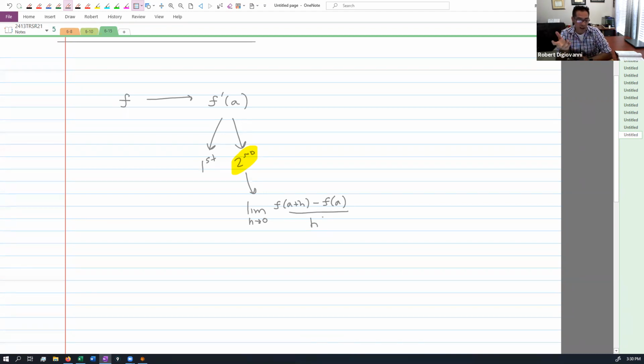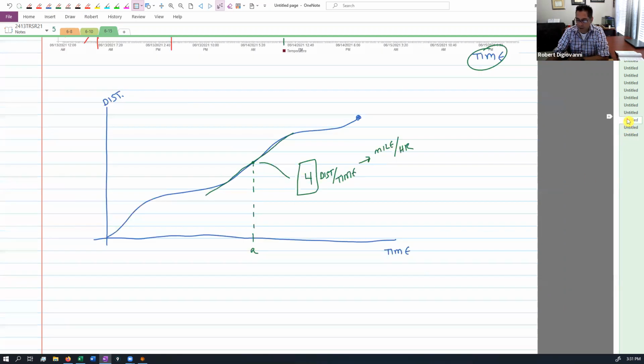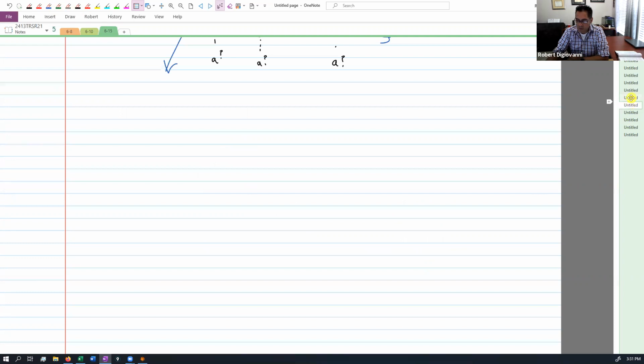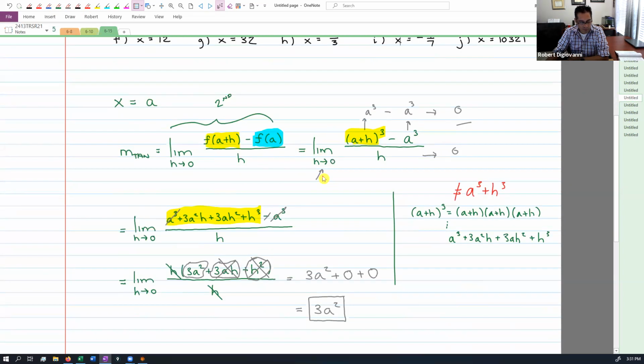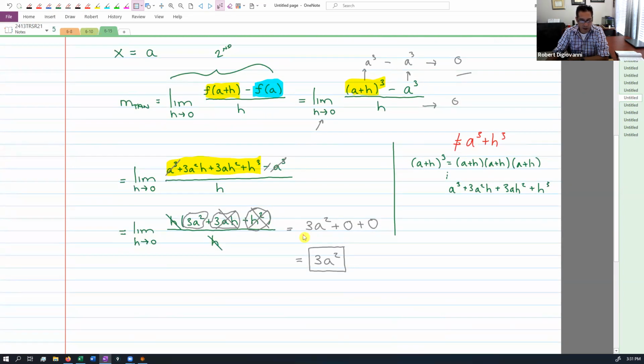And we've seen today that when you actually calculate this, you get something that has a's in it. You'll agree? I mean, we've done a couple of these. Let me go back. This is the first one we did, and we got 3a squared, and that wasn't so bad.